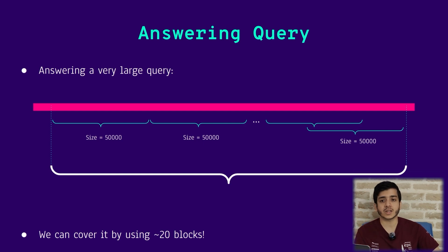Now for answering a query, we can use our very big blocks of size 50,000 when the query is very big. For smaller queries, we can use 1050 size blocks as we used before. But for very big queries, using these new very big blocks, we just use 20 blocks again, which is very efficient.